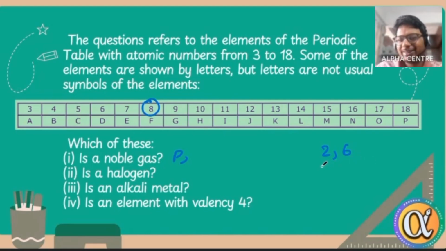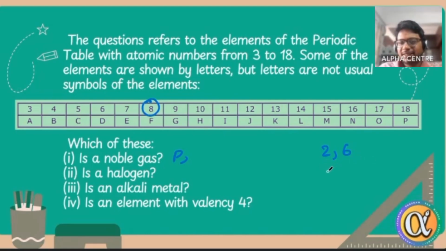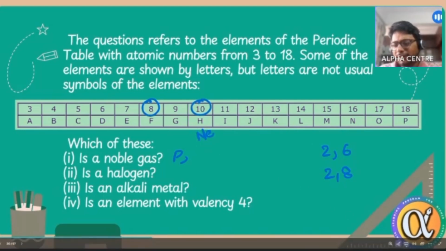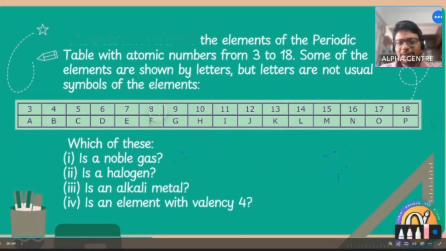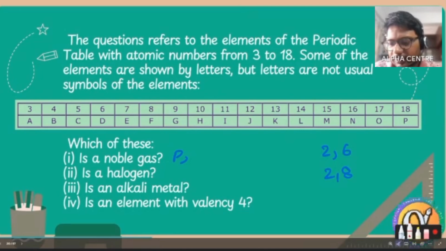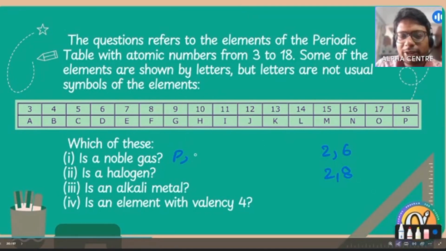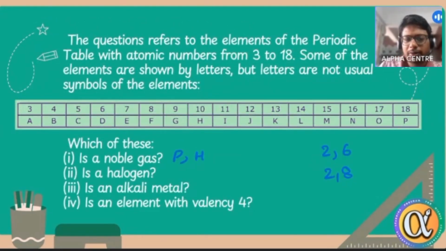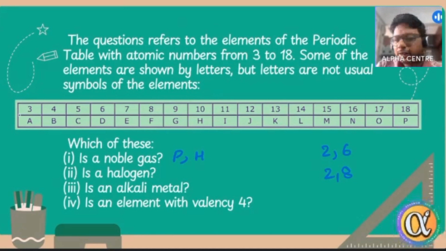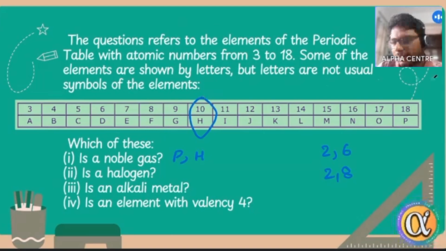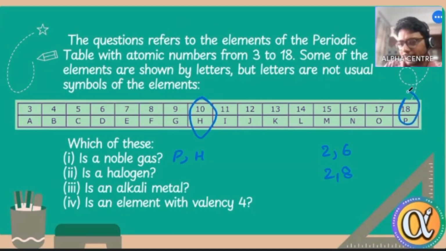H is atomic number 10, that means 2, 8. This is neon, but don't try to identify neon, that's not important. So it's P and H. Atomic number 2 is not there, so we can ignore it. It starts from 3 onwards. Otherwise, if 2 was there, then helium also we would need to include. So 10 because it's 2, 8, and 18 because it's 2, 8, 8.